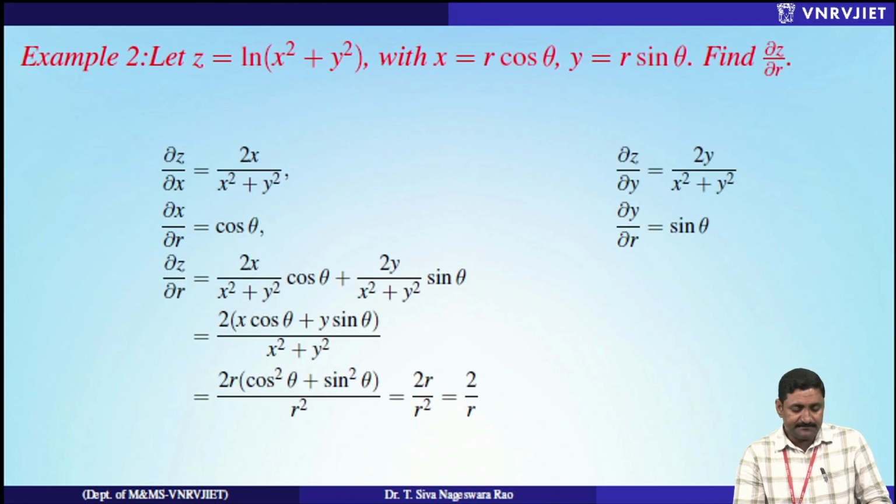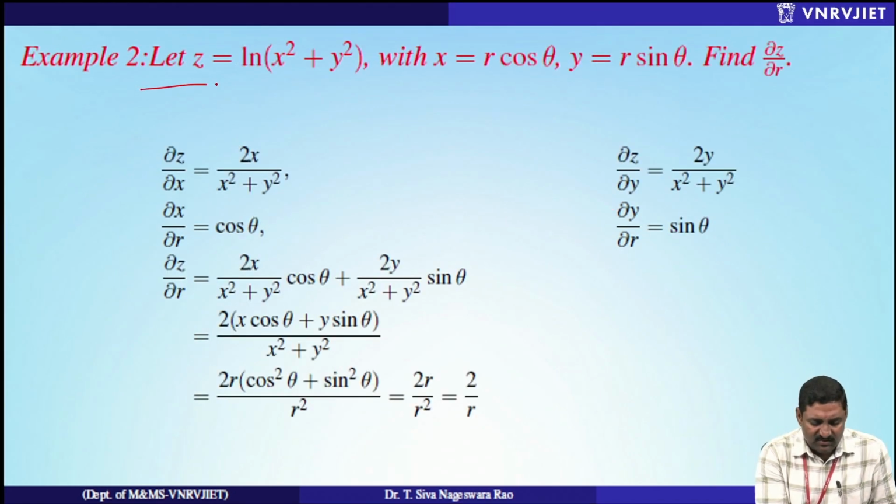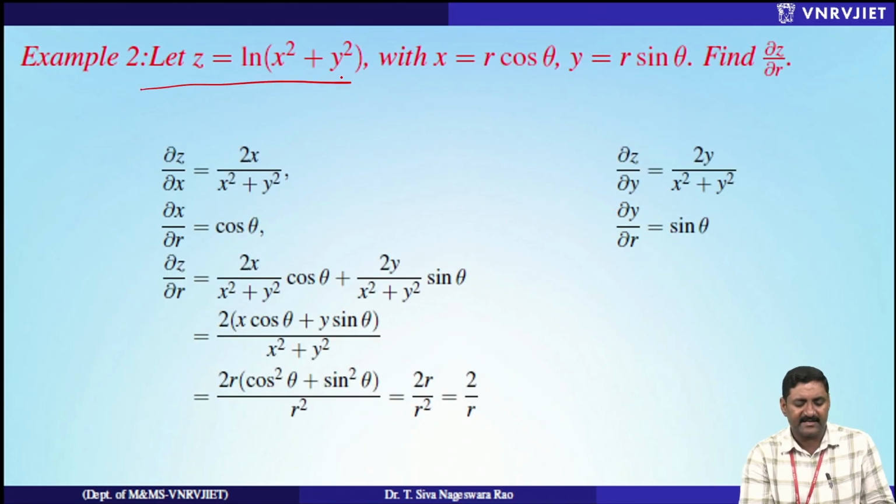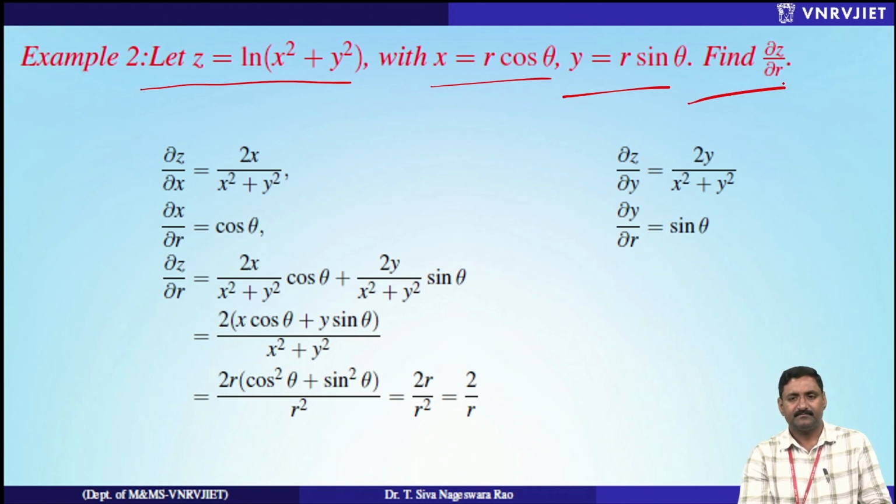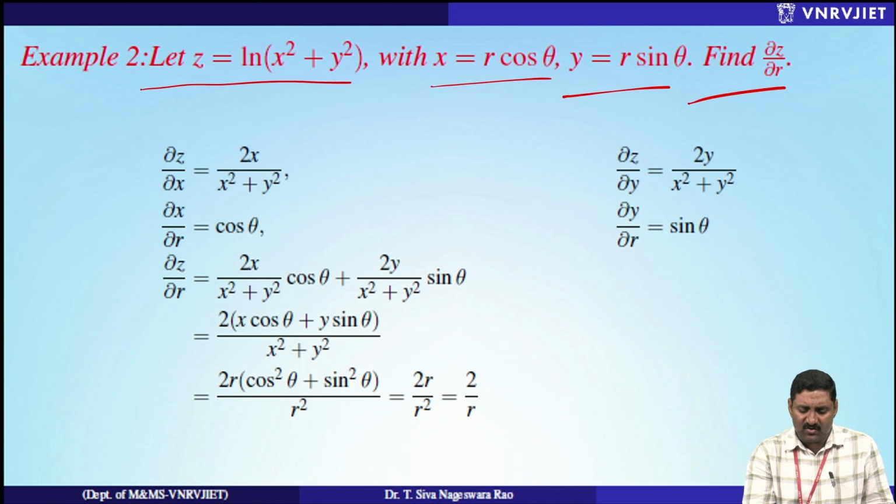Next example. Let z is equal to log of x square plus y square, where x is equal to r cos theta and y is equal to r sin theta. Calculate dou z by dou r. What is dou z by dou r?